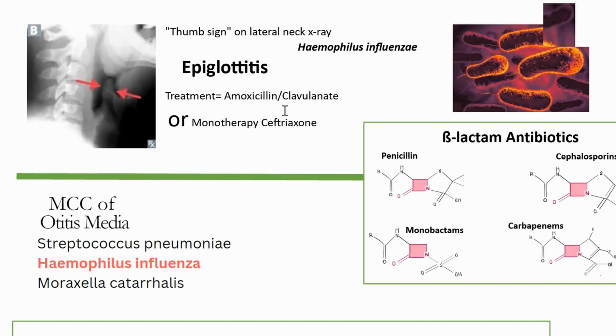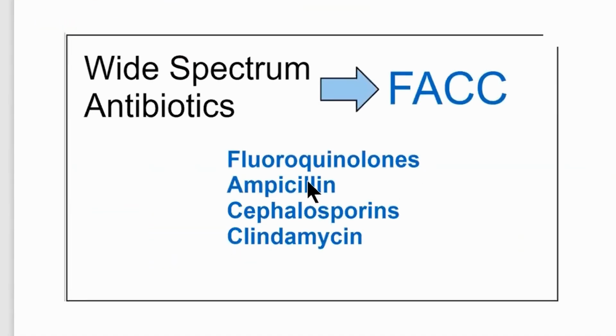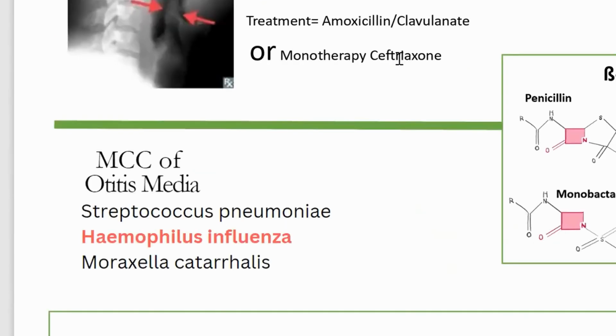This is what's recommended. So if you're not sure that this is Haemophilus influenzae, ceftriaxone is a really good choice, because ceftriaxone is wide spectrum, like we mentioned before. Remember, we made a little list of wide spectrum: fluoroquinolones, ampicillin, cephalosporins, clindamycin. Ceftriaxone is a cephalosporin of 3rd generation.